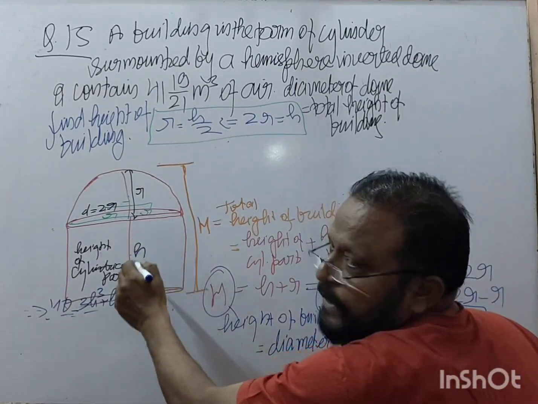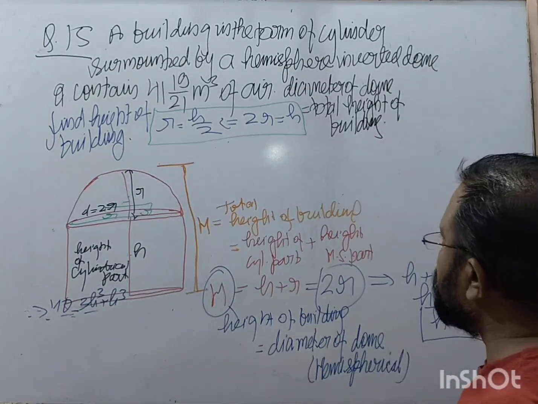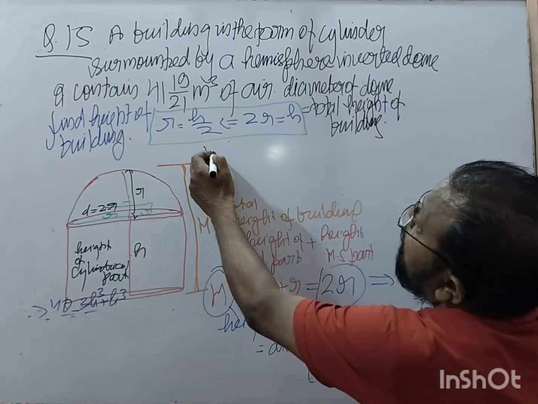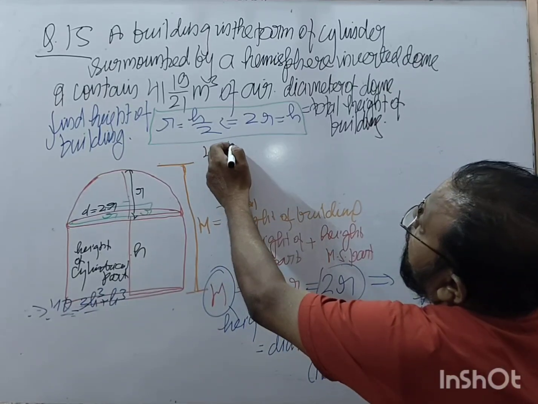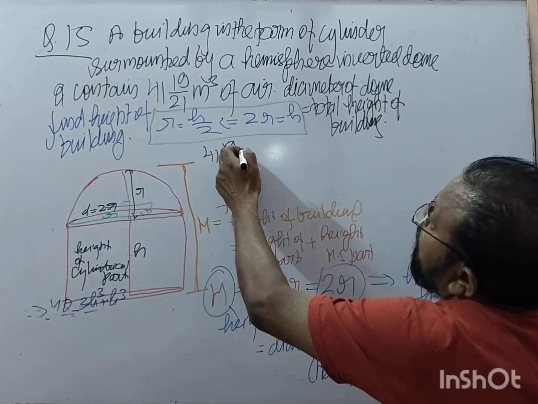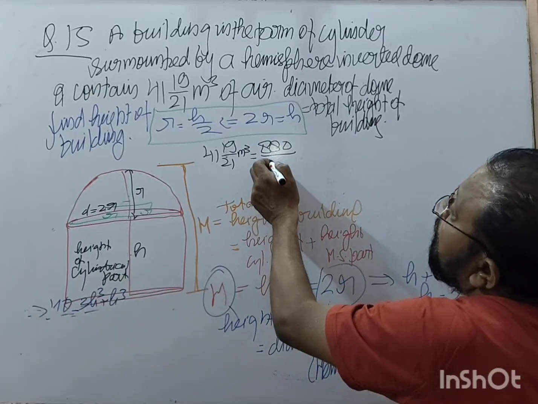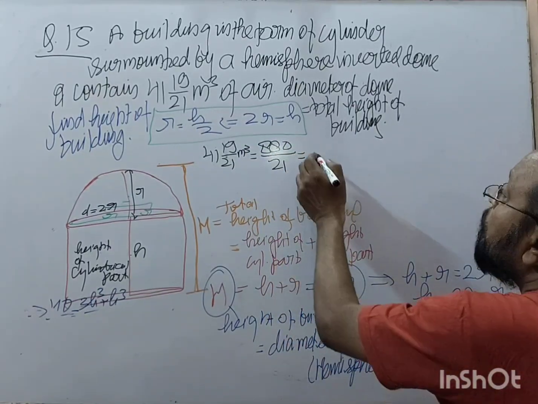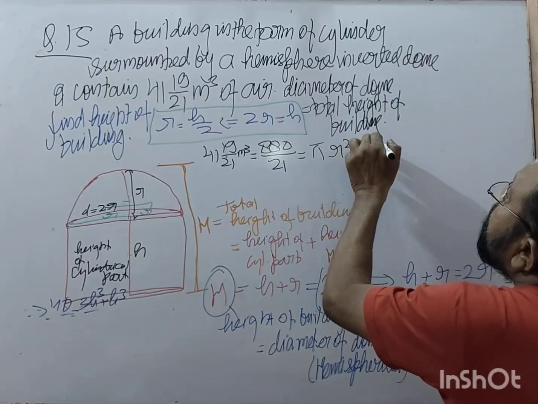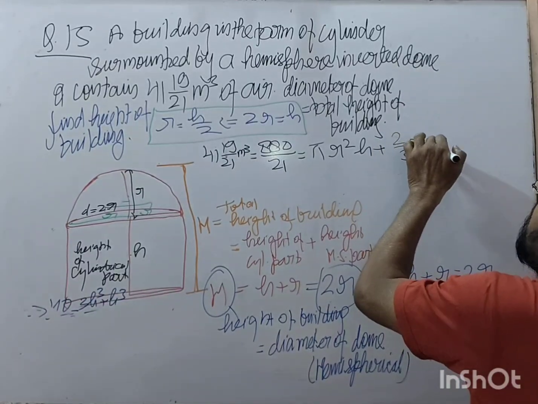Meaning height and radius are the same, right? When height and radius are the same, total volume 41 whole 19 upon 21, that is 880 upon 21 meter cube, is equal to pi r square h plus 2 by 3 pi r cube.